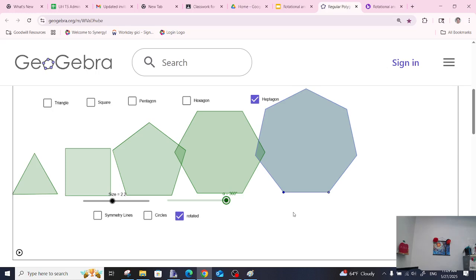So you have 2 worksheets to do. At the total of 11, you have the symmetry, and then you have the interior and exterior.